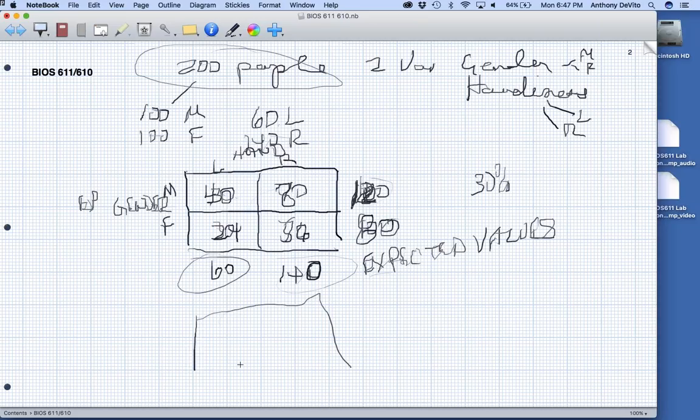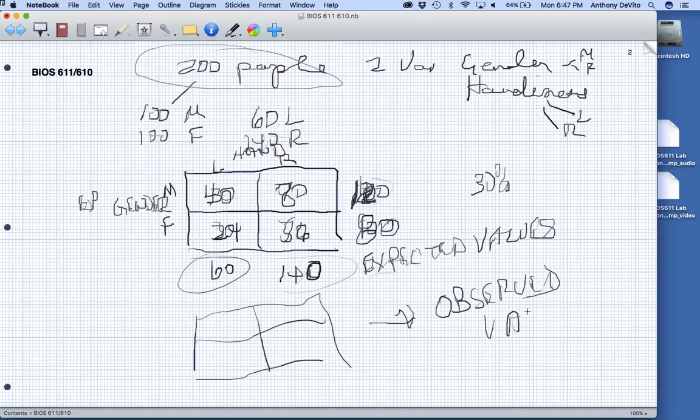If I were now to go into this population, take this sample, and actually see what I got, those would be my observed values. I would expect them to be a little different, but not very different. The more different they are, the more likely it is that there is an association between gender and handedness.